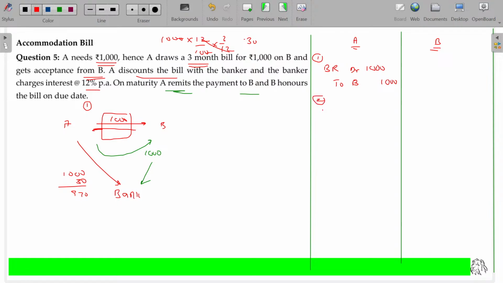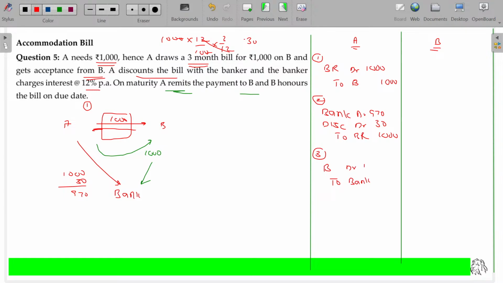Second, this bill is discounted with the banker. So, bank account debit to Bills Receivable account. BR value being 1,000, but he gets 970 immediately, 30 rupees being the discount. On maturity, A remits the balance to B, asking him to settle this money. So B account debit to bank.